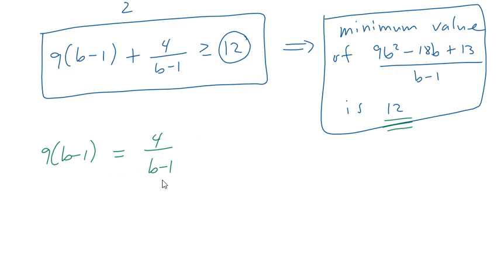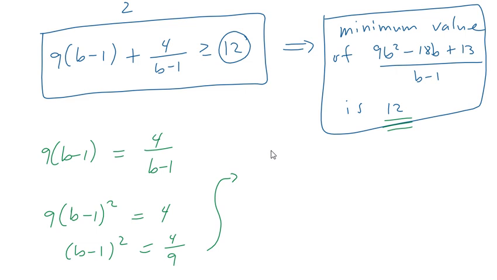Okay, now if I multiply both sides by b minus 1, I have 9 times (b minus 1) squared equals 4. So (b minus 1) squared equals 4 over 9. And so if we get the square root of both sides, we should take only the principal root since b minus 1 is greater than 0.